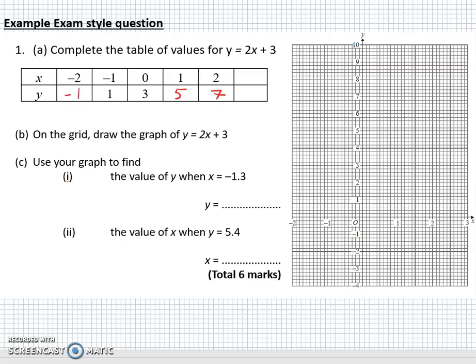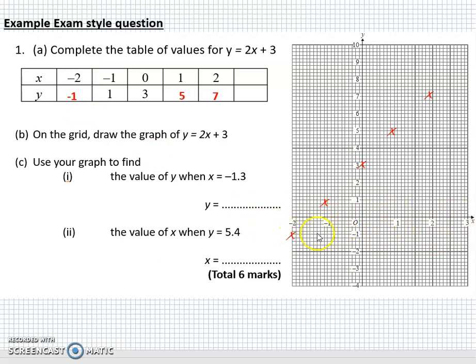Okay, so now we're going to do our step 2, which is plotting them on the graph. So here are my coordinates plotted. I've got my minus 2, minus 1. That's my x-axis there where the arrow is.